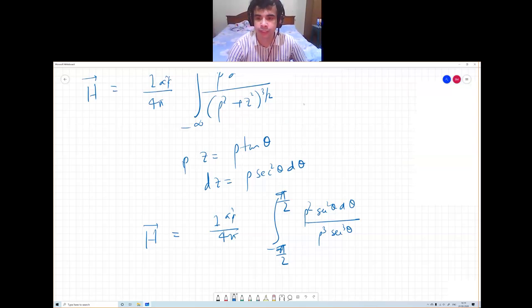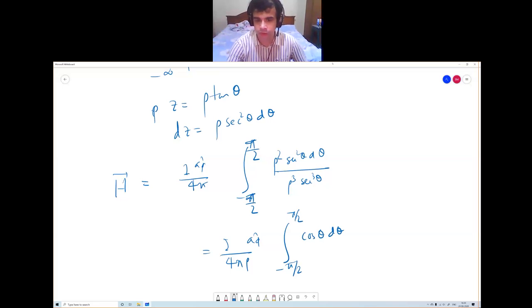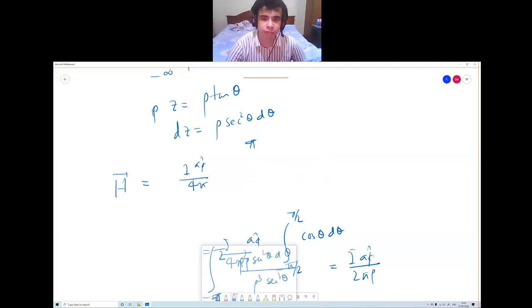So sec square theta and sec cube theta get cancelled. 1 by sec theta is cos theta. So that is equal to I by 4 pi rho a phi integral of cos theta d theta from minus pi by 2 to pi by 2. This integral is 2, you can check. That is I a phi by 2 pi rho. So H is in phi direction.